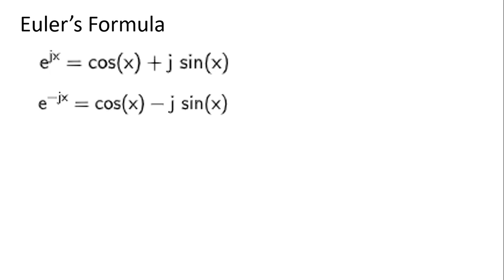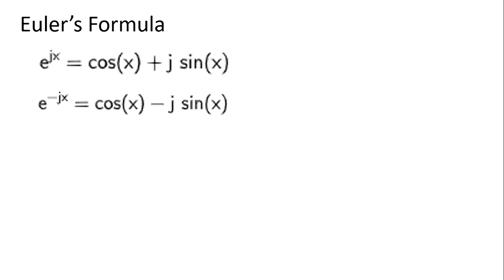So if I want to isolate the cosine term, what I'm going to do is add the two equations together, and the sine terms are going to cancel out.